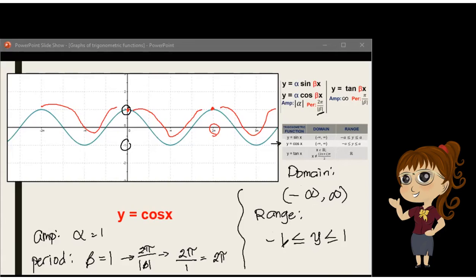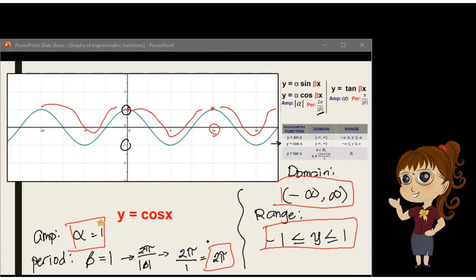So y is greater than or equal to -1 but less than or equal to 1. And these are the 4 things that we are looking for: 1, 2, 3, 4. Again, we are able to identify the amplitude, the period, the domain, and the range.